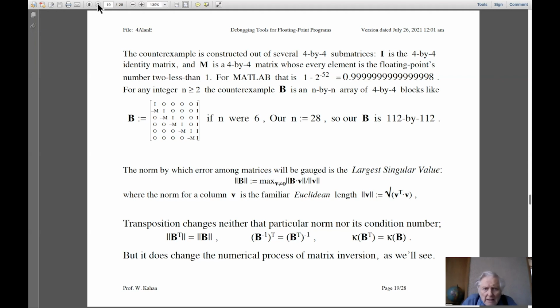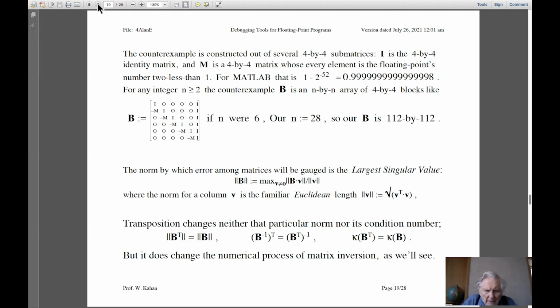And I'm going to use as the norm, this is the maximum singular value norm. That's how I'm going to measure the error in matrices. So I'll measure the inverse by using that norm.